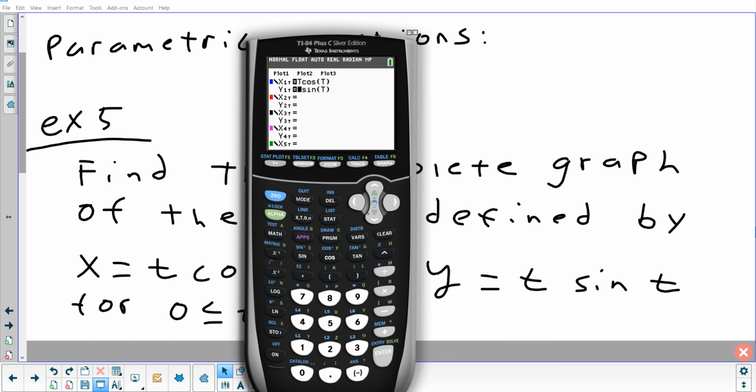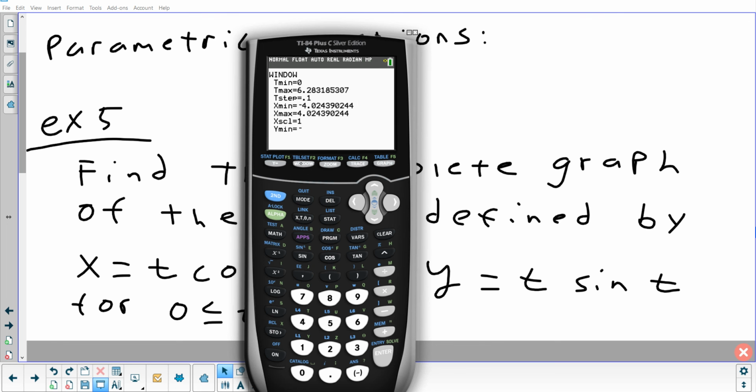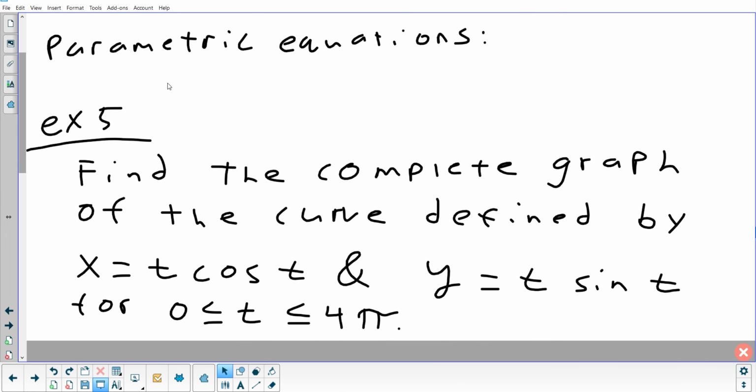So t cosine t, t sine t. And it tells us the parameter is 0 to 4 pi. So I'd like to know what to set my x min, x max, and all that to.